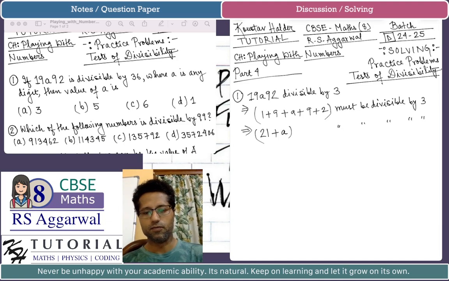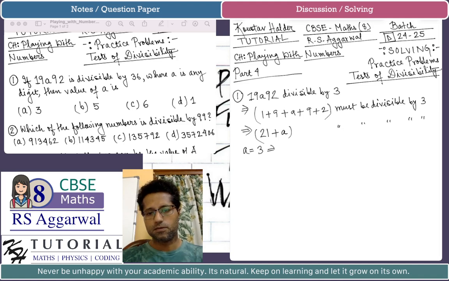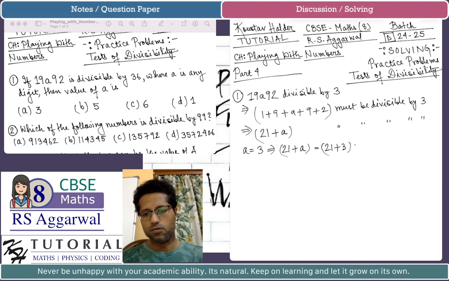If A is 3, then 21 plus A is 21 plus 3, which is 24, divisible by 3.